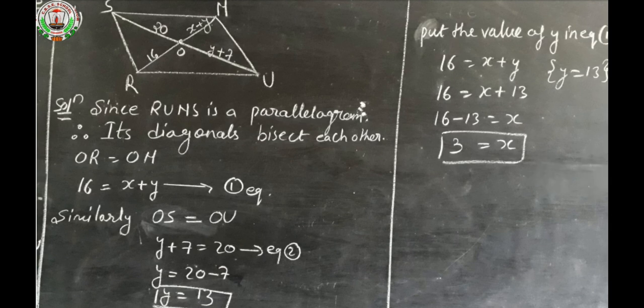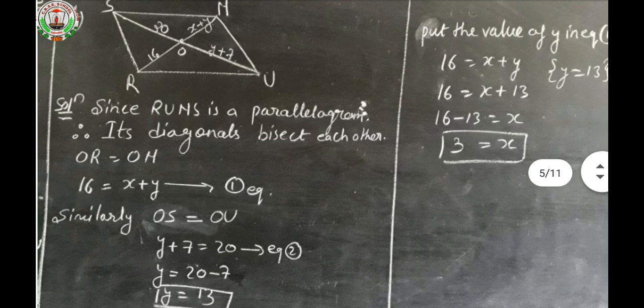Now look at equation number 1, that is 16 is equal to x plus y. So here two unknown variables are there. One unknown variable we have found, the value of y from equation 2. Now the y value from equation number 2 is 13.